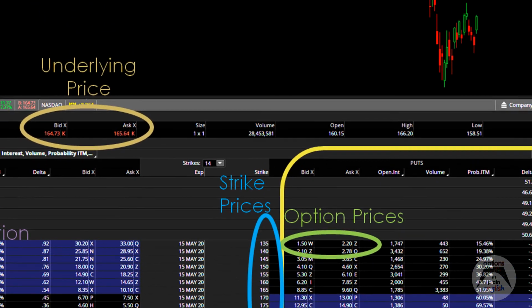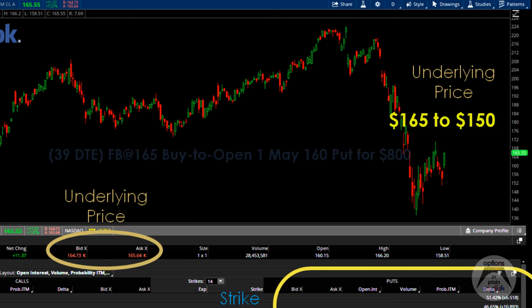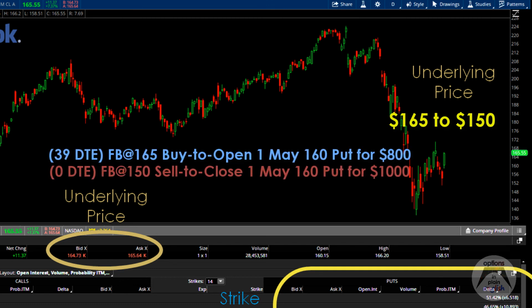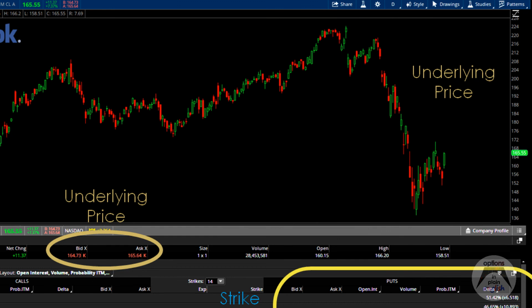Now, from 165, let's say the price goes to 150. What will happen? Well, if it expires at 150, this 160 put is going to have a price of $10. So from $8 to $10, you're going to be making those $2. Now, what if it goes to 140?